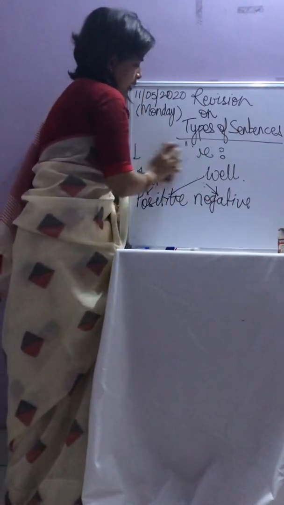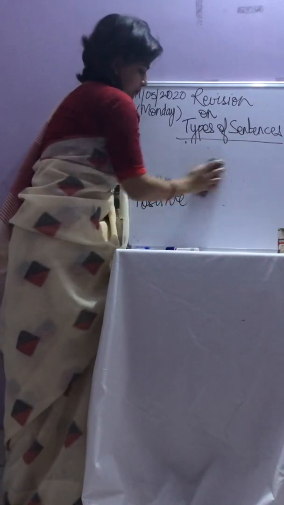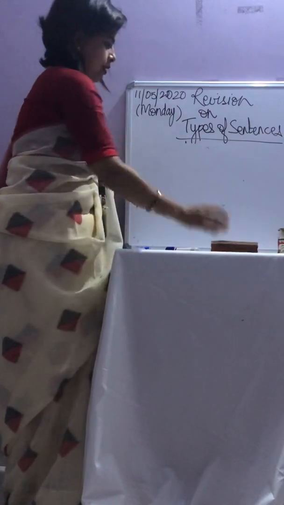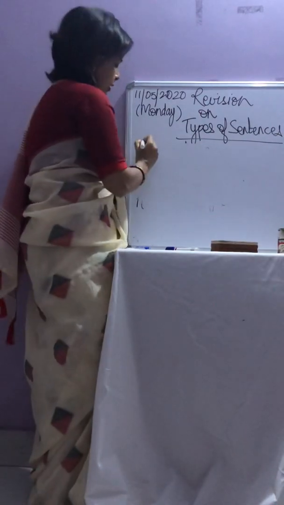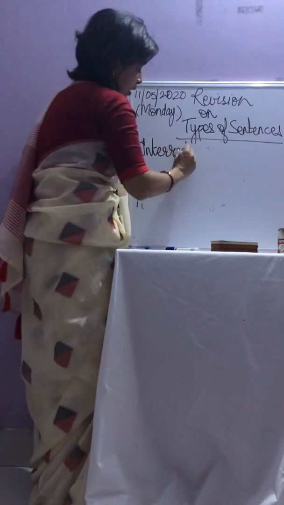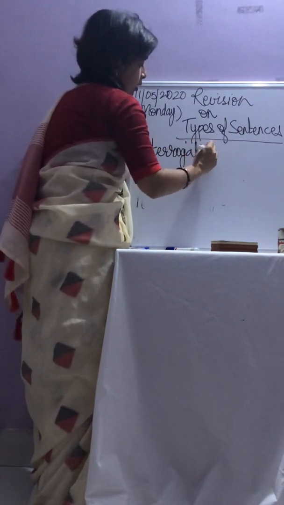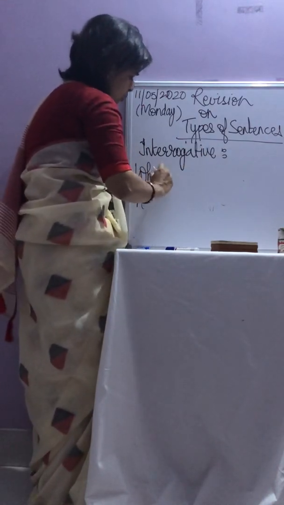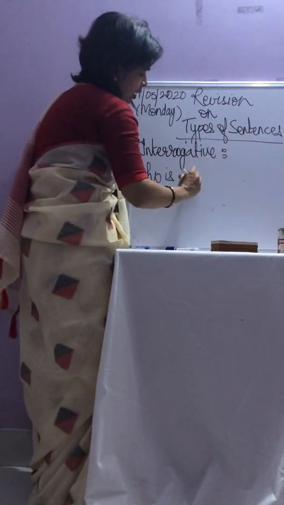What is the second type? Second type is interrogative. Okay. What is an interrogative sentence?